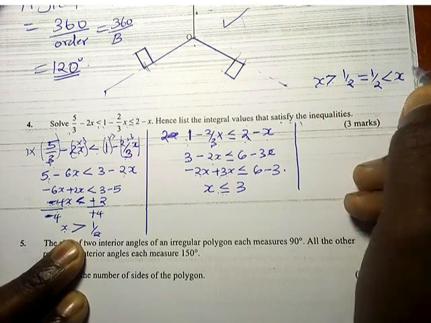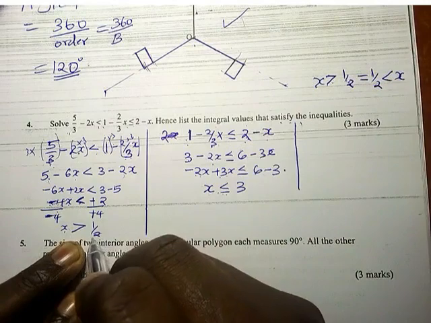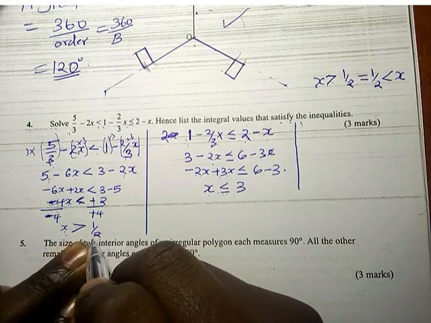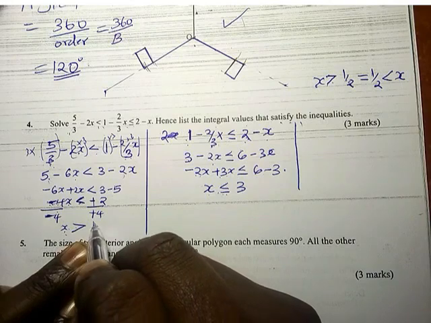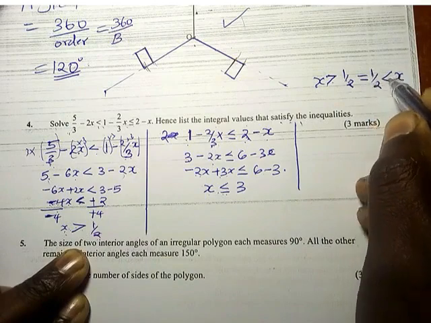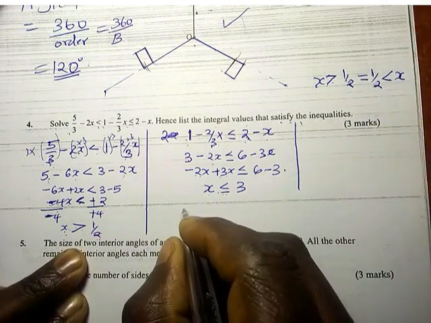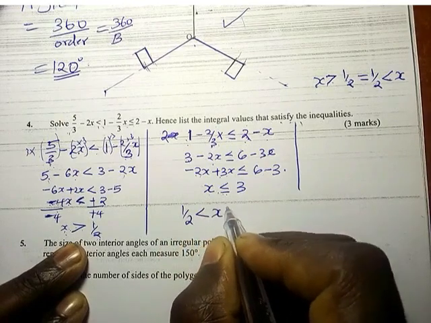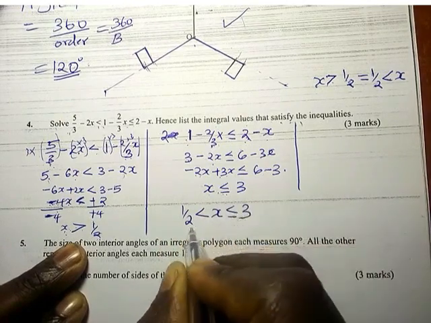Unaelewana na wewe kweli? Kwamba x ndio tuko nayo hapa. X is greater than a half. Ndio, si ni ukweli? What does that mean? It means that a half is less than x. So tunaenda kuicombine hivi. A half is less than x and this x is less or equal to 3. Sasa tumeifanya moja.